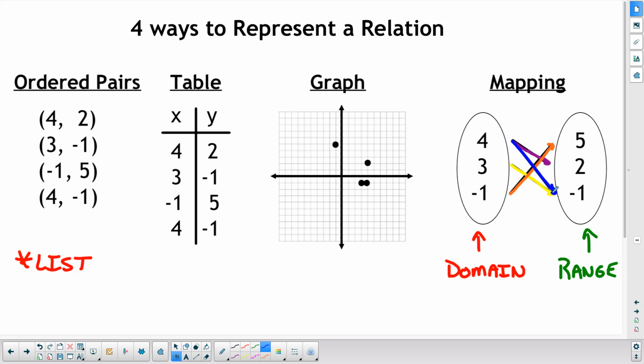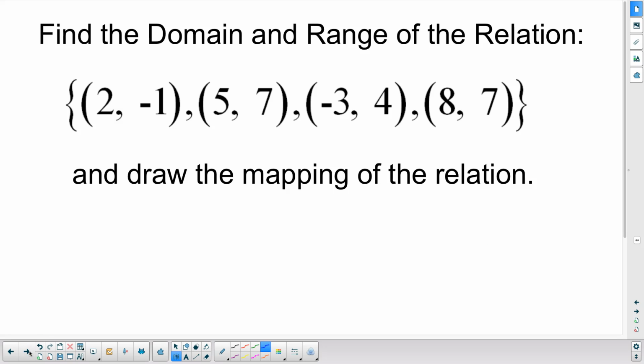You'll have to do a few in a little bit. Okay? So, well, I guess you're going to have to do a few right now. Okay? So the first question is, find the domain and the range of this relation, and then draw the mapping of that relation. Okay? Well, the domain, and we can represent domain with a big old capital D. Okay?